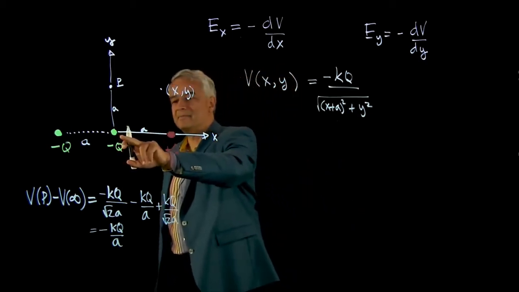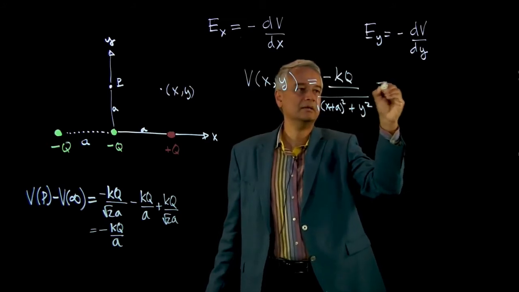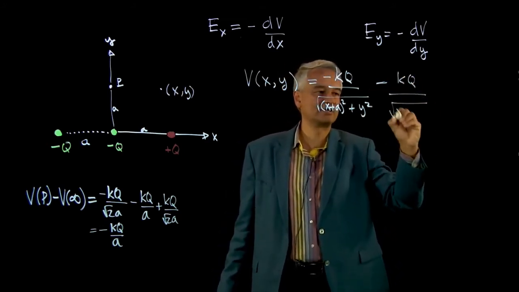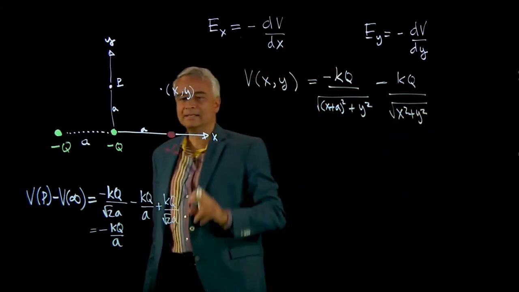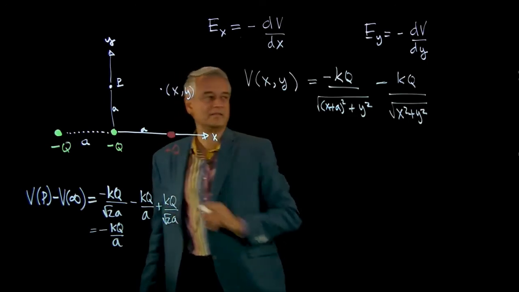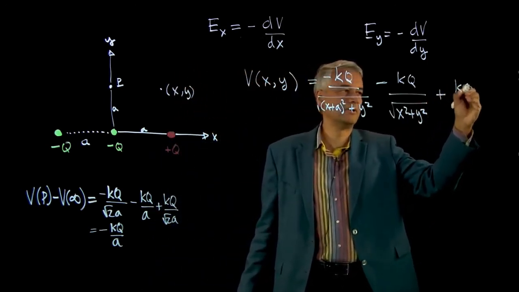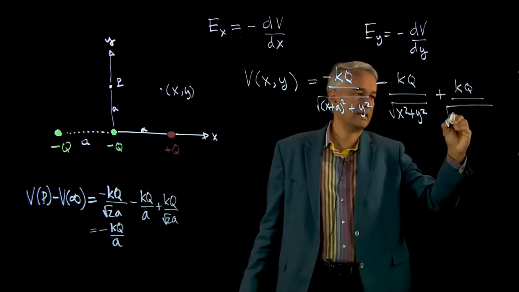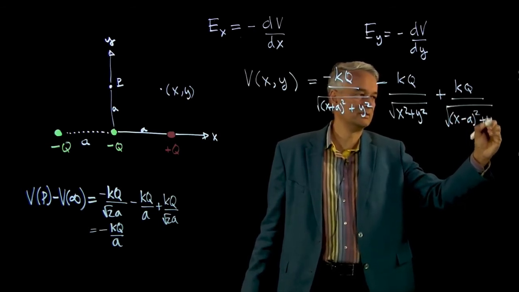Then I have a potential coming from this charge, and that will be minus kq divided by just the square root of x squared plus y squared. And then I have this potential, and that will be a plus kq divided by the square root of (x minus a) quantity squared plus y squared.